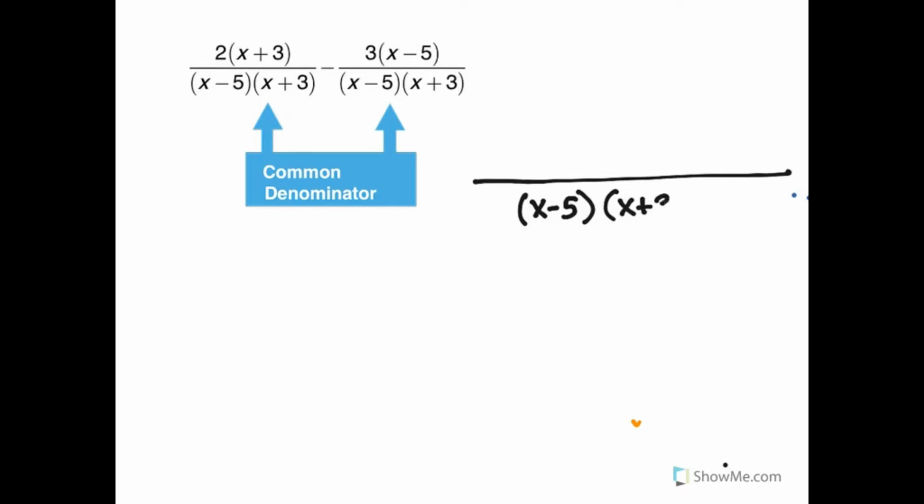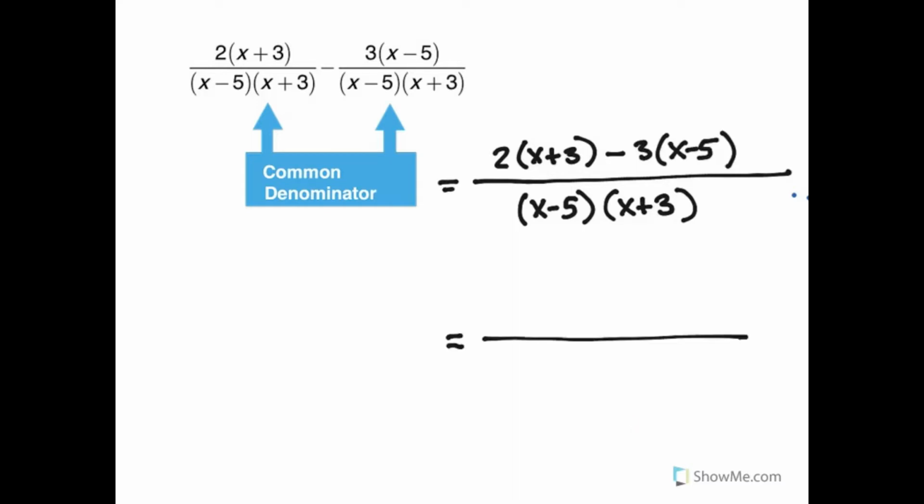and simplify the two numerators, putting them all together. So I'm going to have 2 times x plus 3 minus 3 times x minus 5 on the top. I'm going to distribute the 2 outside, and that'll give me 2x plus 6. And I'm going to distribute the minus 3 outside, and that'll give me minus 3x plus 15.